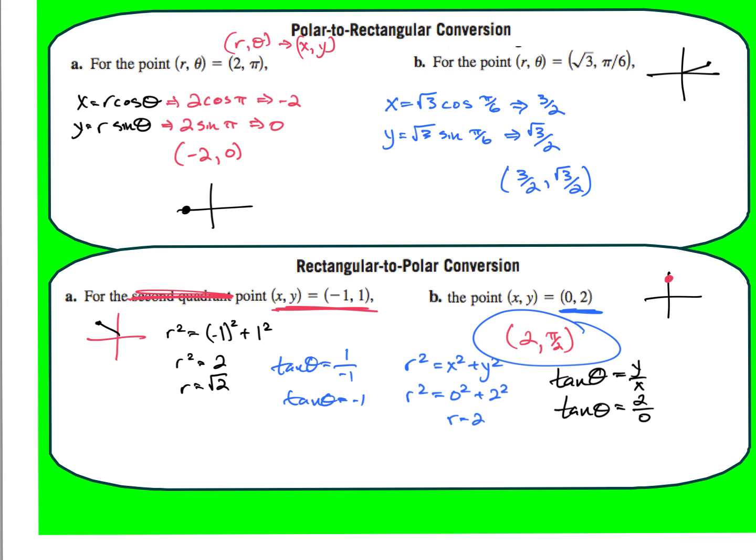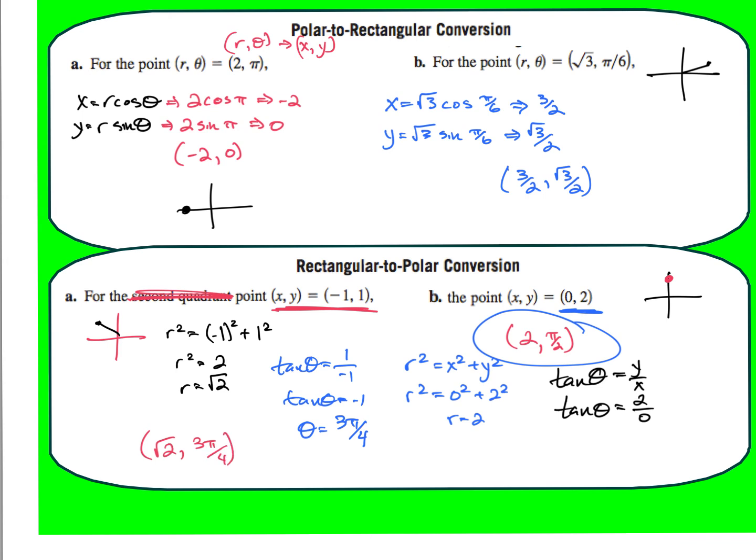At 3 pi over 4. And when else? And at 7 pi over 4. But which one do I want? I want 3 pi over 4. Why? Because it's the second quadrant. All right. So my polar pair is going to be square root 2 comma 3 pi over 4.